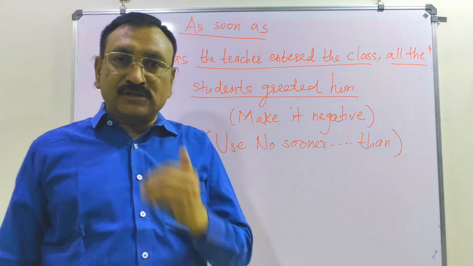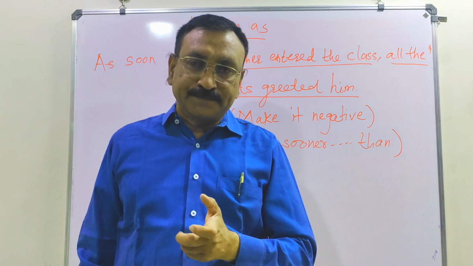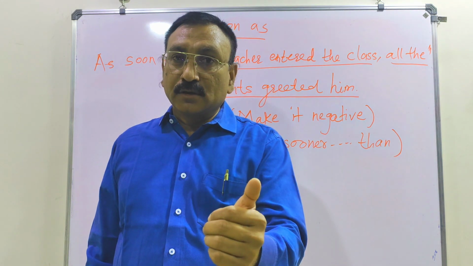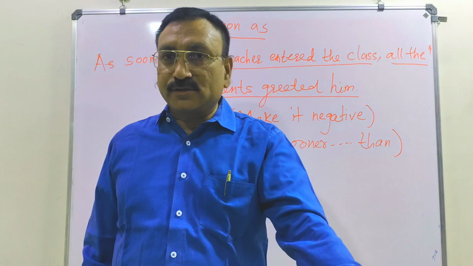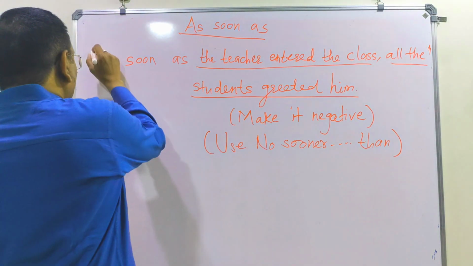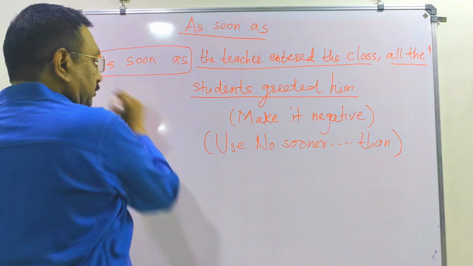When we are asked to convert an affirmative sentence that begins with "as soon as" into a negative sentence, we have to replace "as soon as" with the phrase "no sooner".